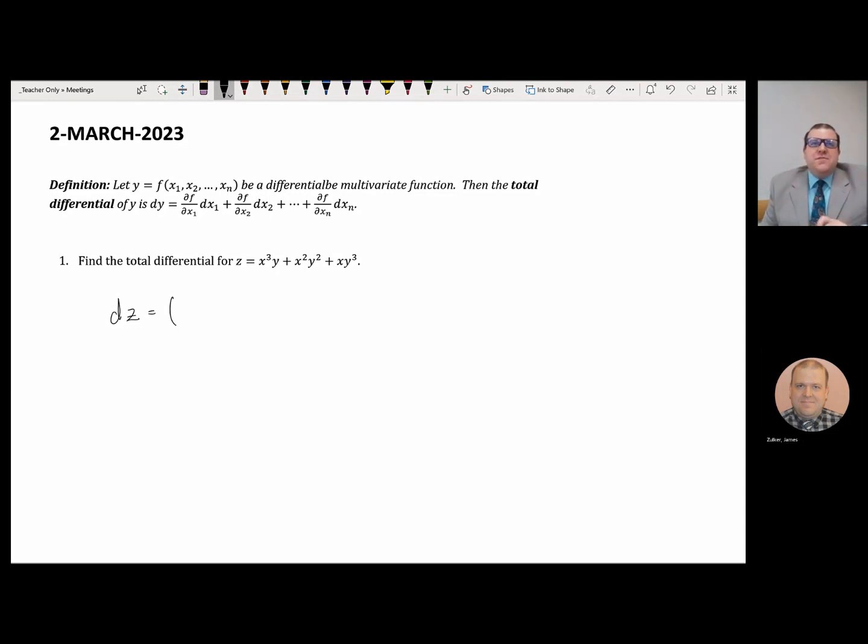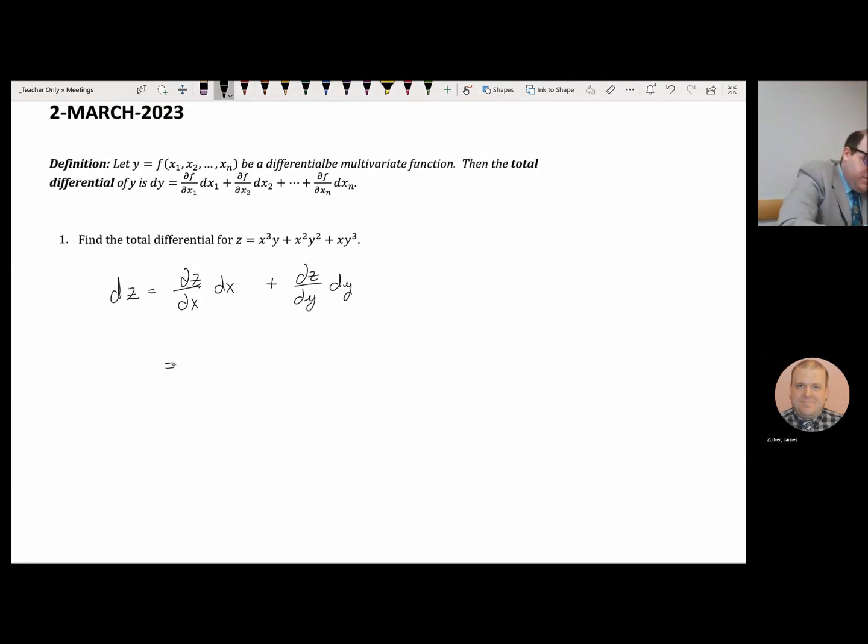So we take the partial of this with respect to x. I'm going to actually write it out. Right, then it's multiplied by the differential for x. And then we'll add it to the partial with respect to y times dy. What is the partial of z with respect to x?